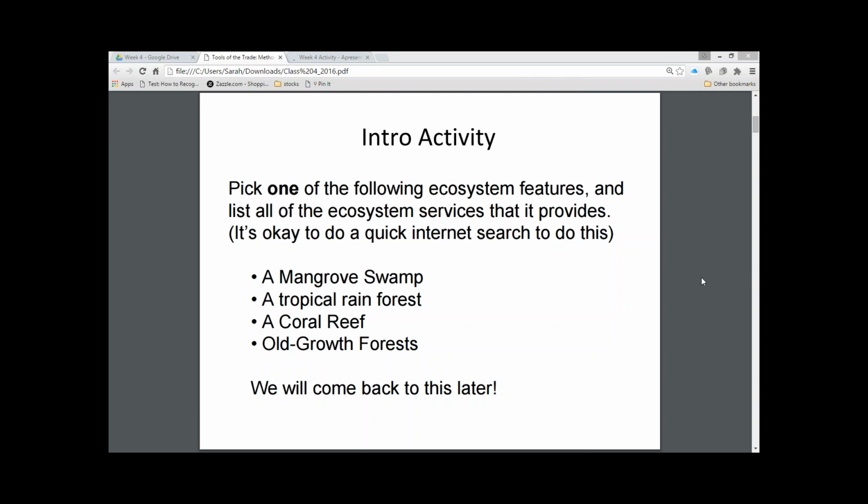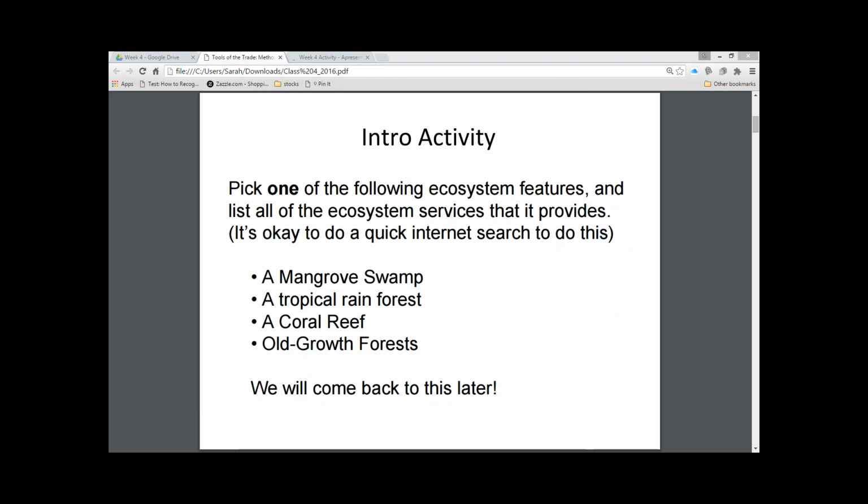While you're doing that, we'll check those out and look at them, and then we will continue with the exercise, and we'll talk about what some of those services are in more detail. This is important because we'll also come back to this as an activity at the end of the class and try to fill in more detail on what these ecosystem services are, what it might take to replace them, and what it costs us when we lose them.